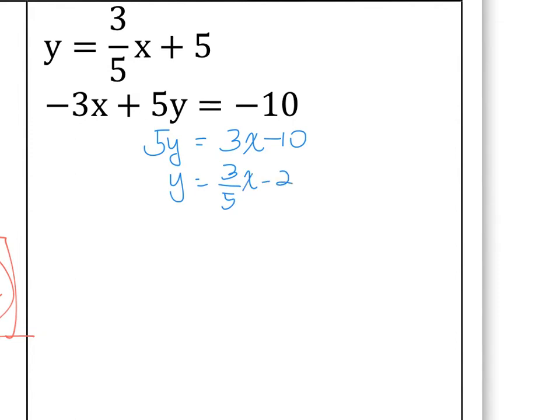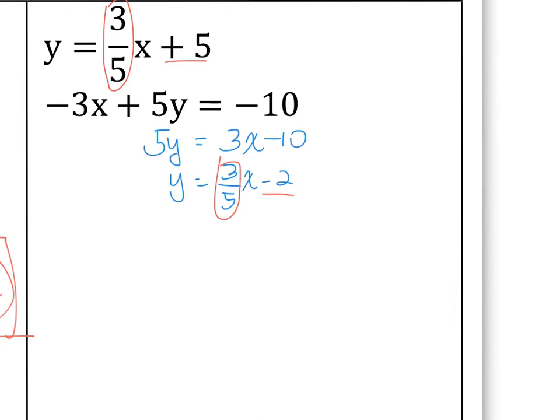As you can see, the slopes are the same, but the y-intercepts are different. So this makes the graphs of these lines parallel. And if they're parallel, then there are no solutions because both equations never intersect.